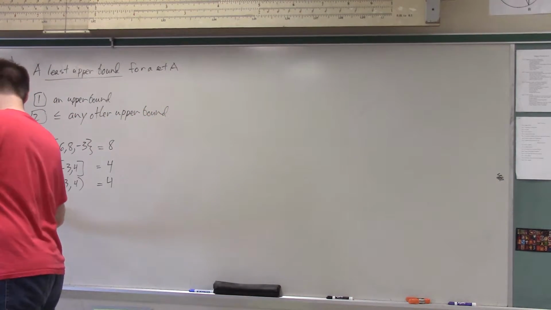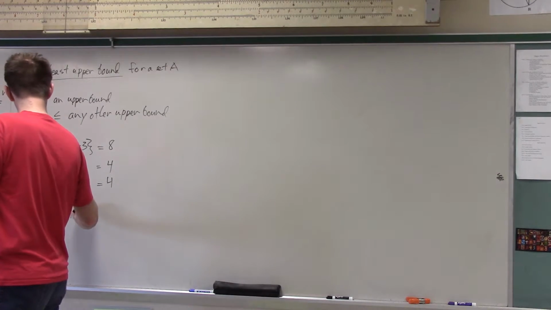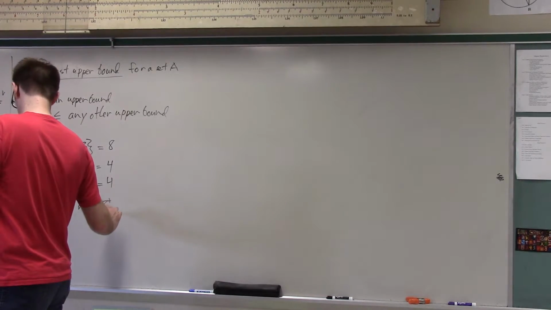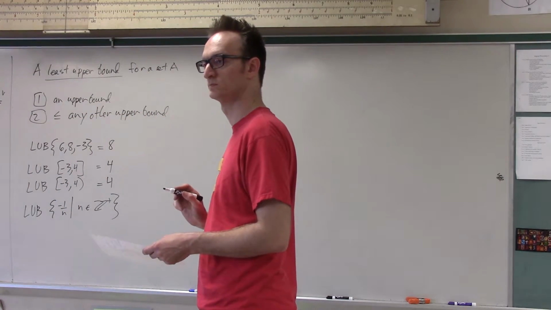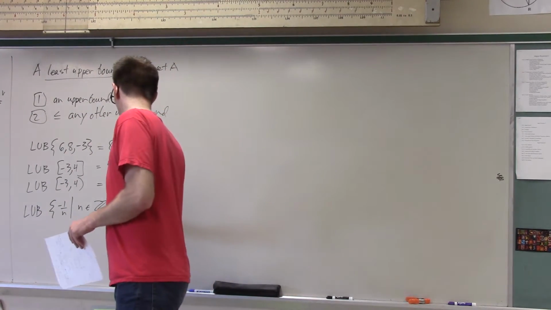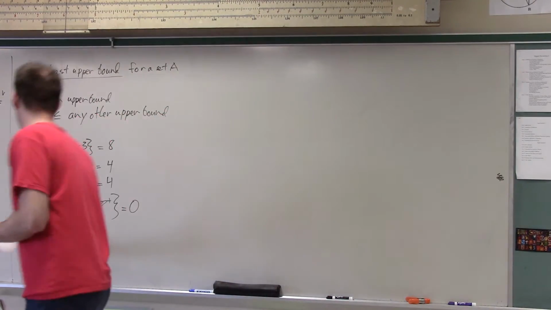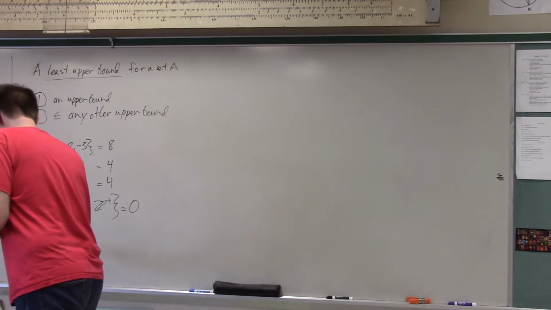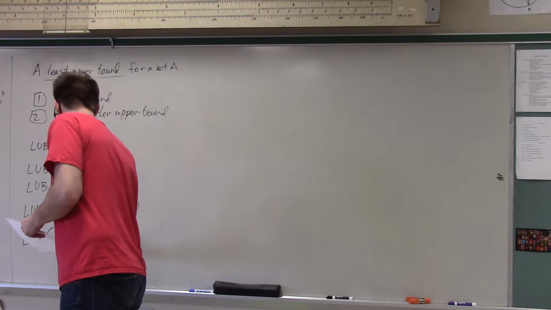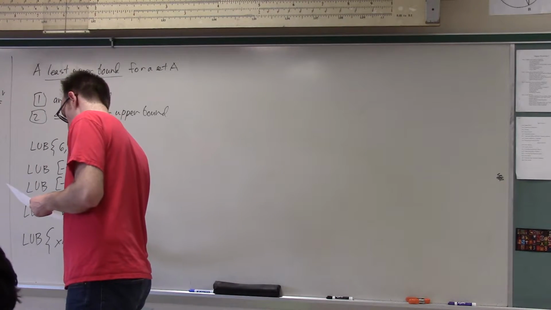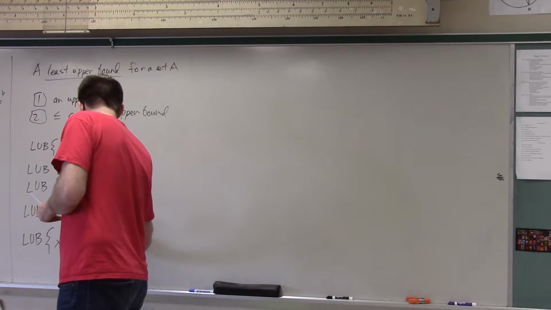What is the least upper bound of the set of all numbers of the form negative 1 over n, where n is a positive integer? 0. Okay. Here comes an exciting one. What is the least upper bound of the set of all rational numbers which are positive and when squared are less than 2?